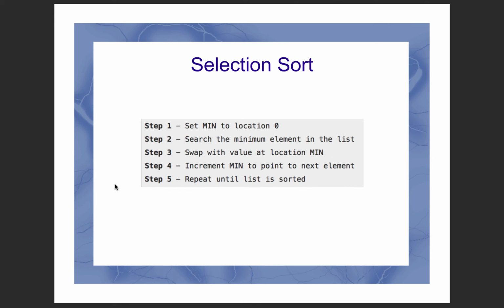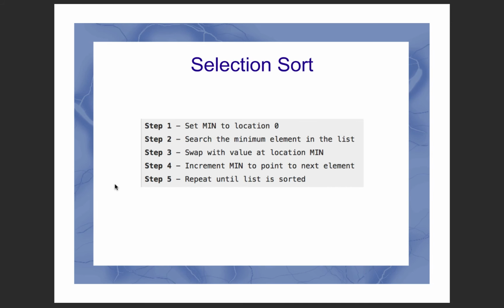The next sorting algorithm is selection sort. Selection sort is kind of the opposite of insertion sort. In insertion sort, we have seen that we take an element and find the right position to insert it.